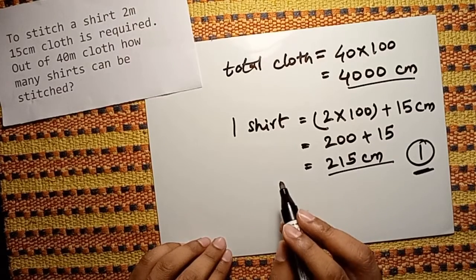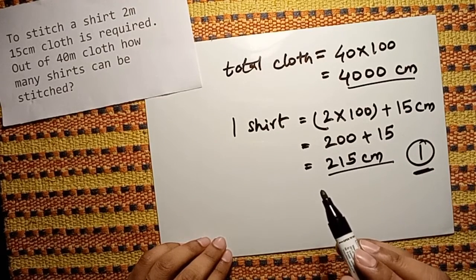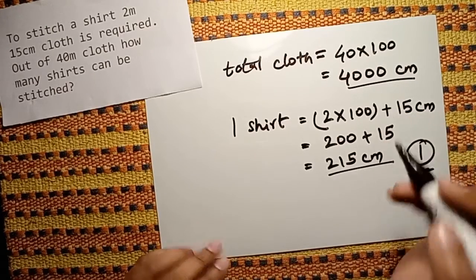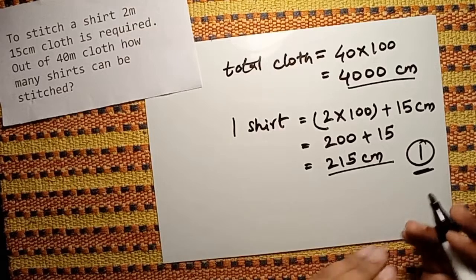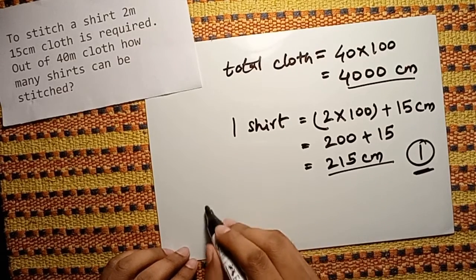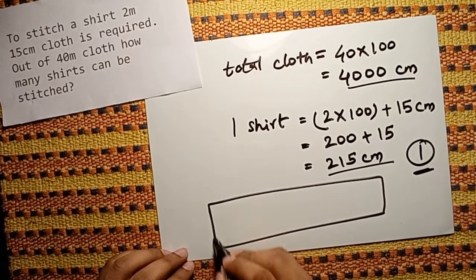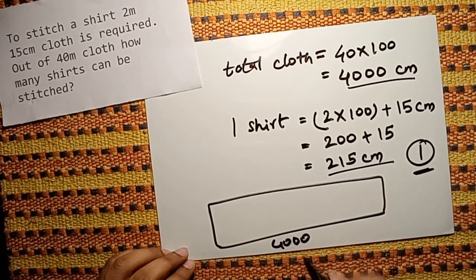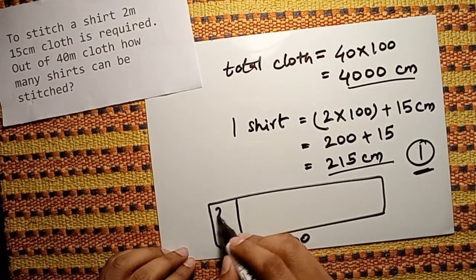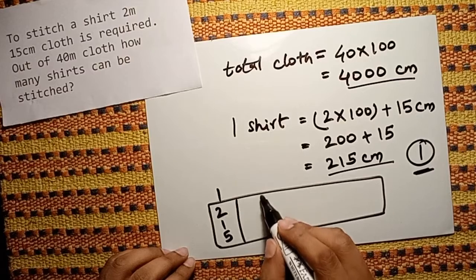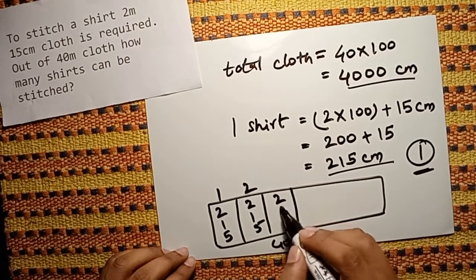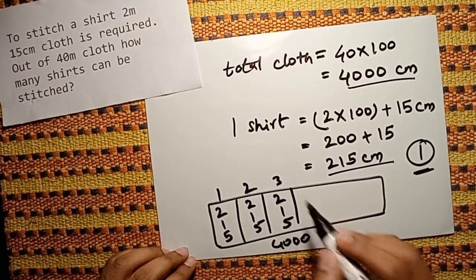We will again do a division operation, because we need to find out chunks of 215. So 215 one, 215 one. So if this is, let's say, the cloth, and this is total 4,000, and this is 215, this is one shirt, this is 215 centimeters, this is the second shirt, this is 215 the third shirt, and so on.